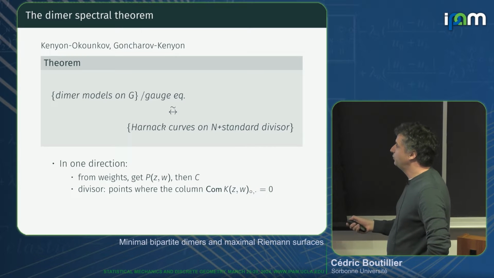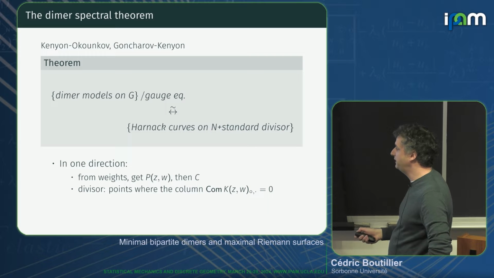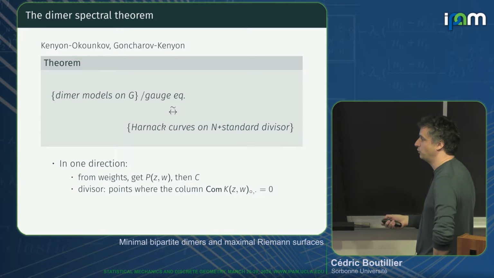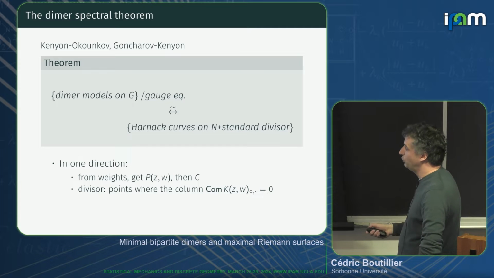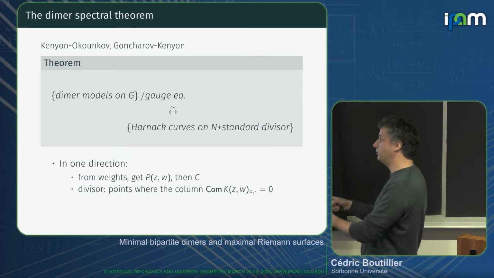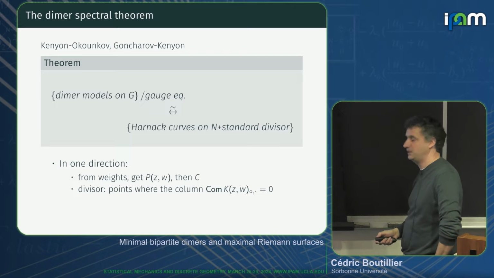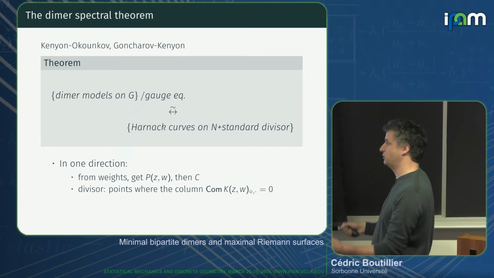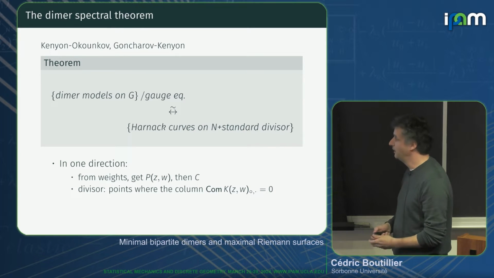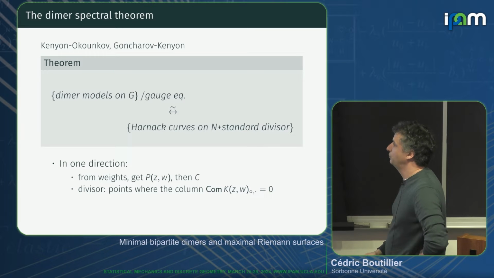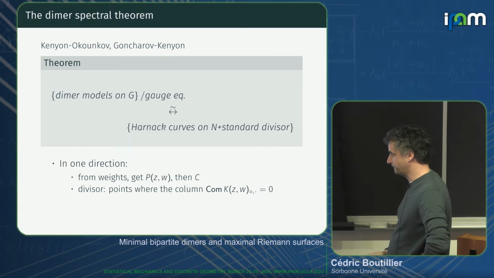And to see the divisor, in fact, what you need to do is to, for example, fix a white vertex somewhere in your fundamental domain of your graph and look at the comatrix of the Fourier transform of the Kasteleyn matrix, and look at the point on the curve where the whole column corresponding to this white vertex vanishes. So it gives you a collection of points which play a role to characterize the corresponding dimer model.